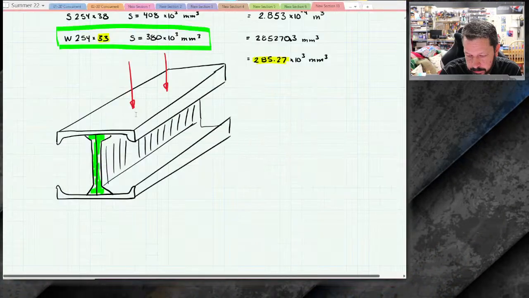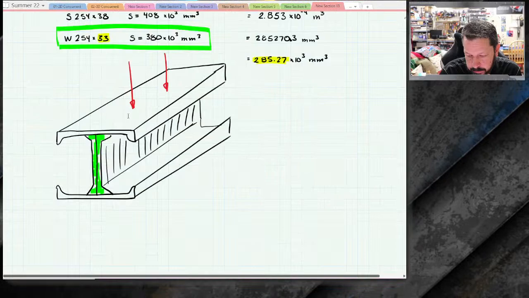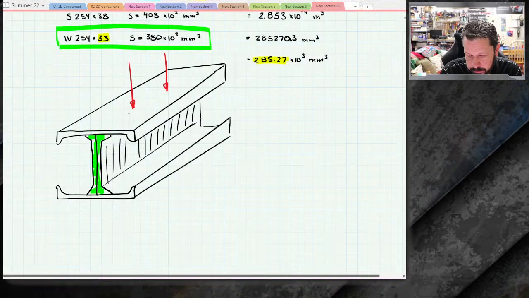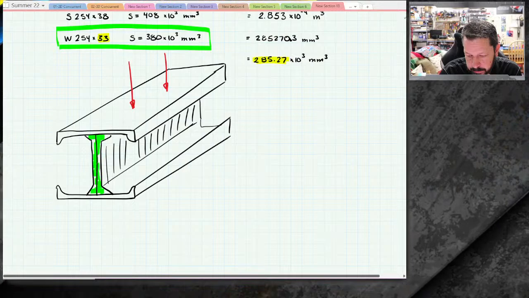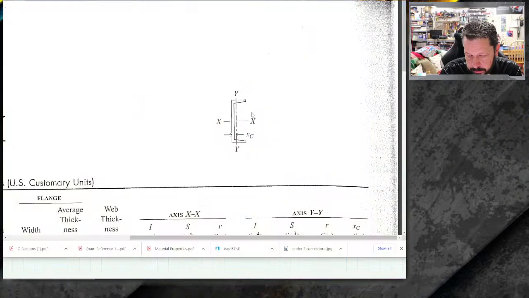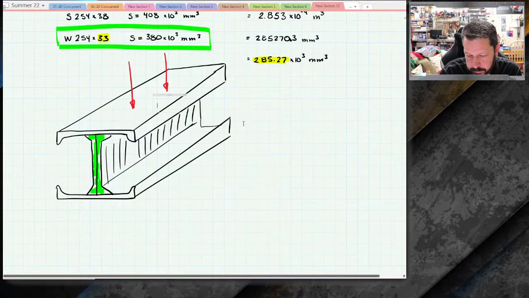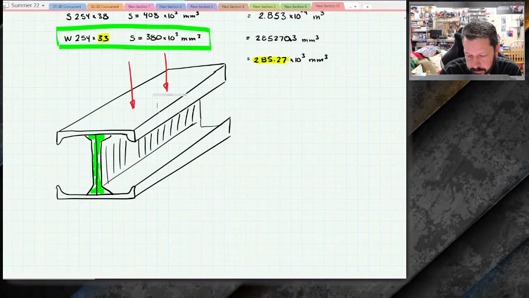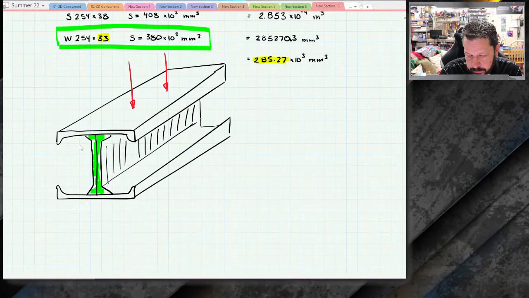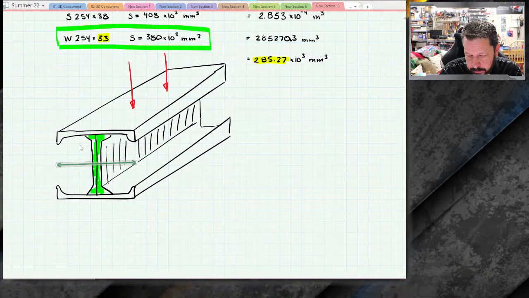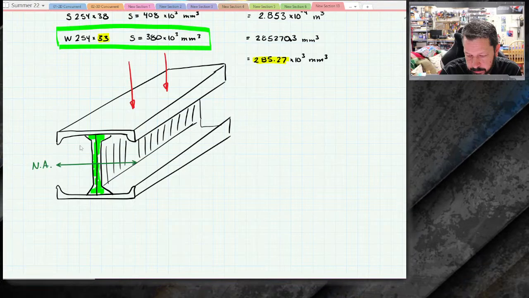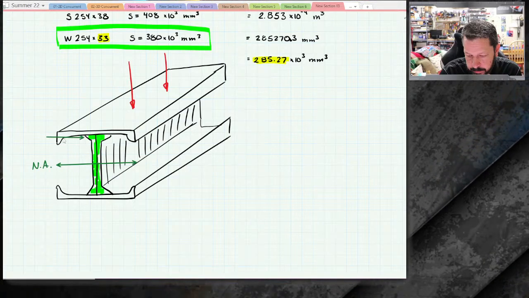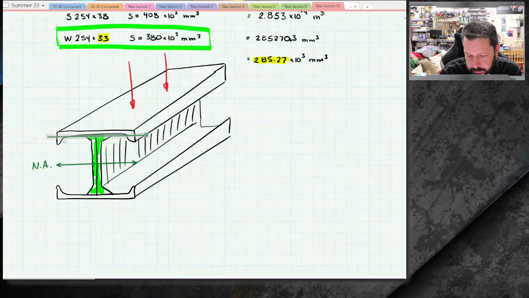And the flange, the ones that are on the top and bottom here that kind of make the flange of this kind of created I-beam thing, they're oriented so that the loads are perpendicular to the YY axis. The neutral axis of this guy, the neutral axis is through here, and the YY axis for the little flange on top is that direction.